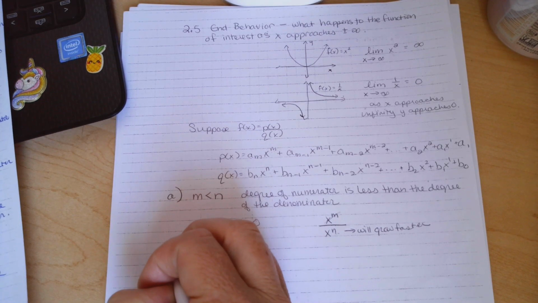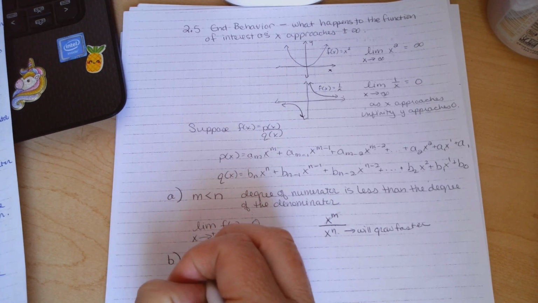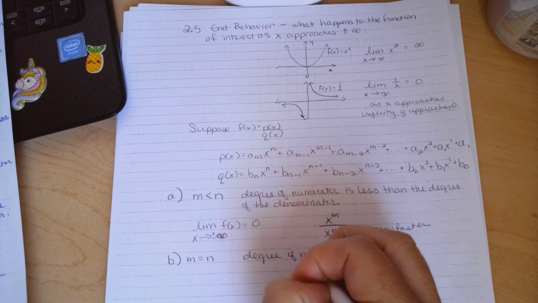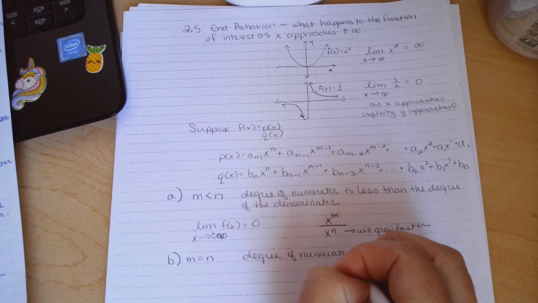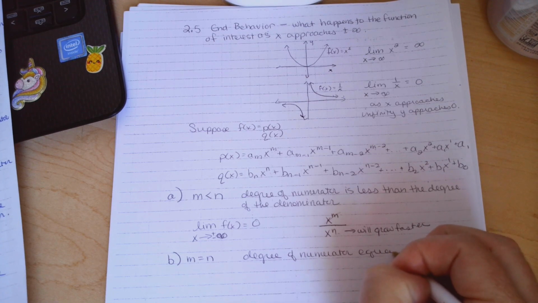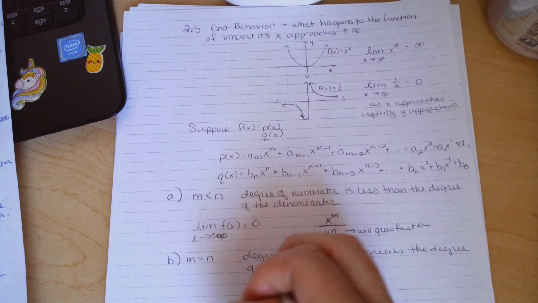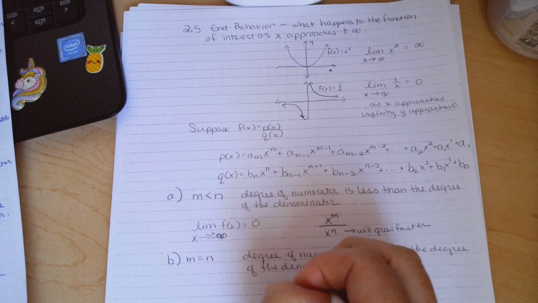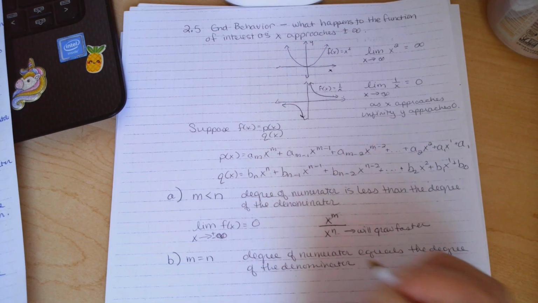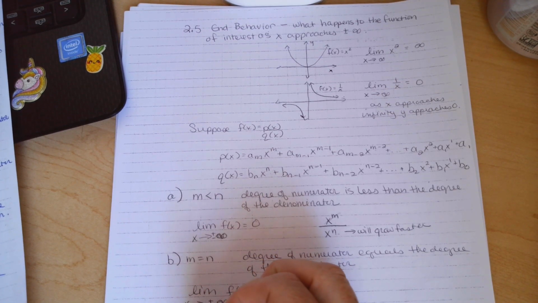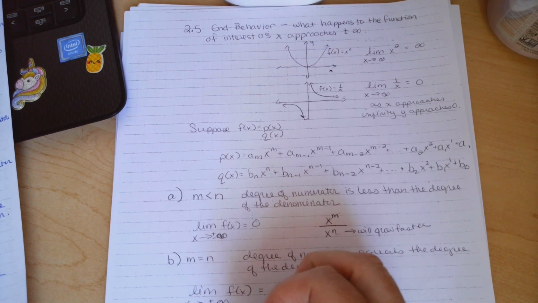All right? The second situation is going to be where m equals n. Otherwise, the degree of numerator equals the degree of the denominator. And so then your limit as x approaches positive or negative infinity of that f of x is going to be your a to the m over your b to the n.